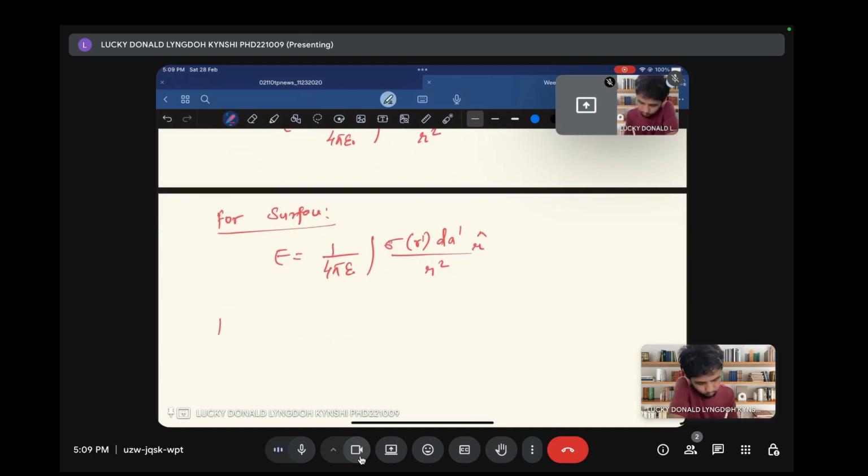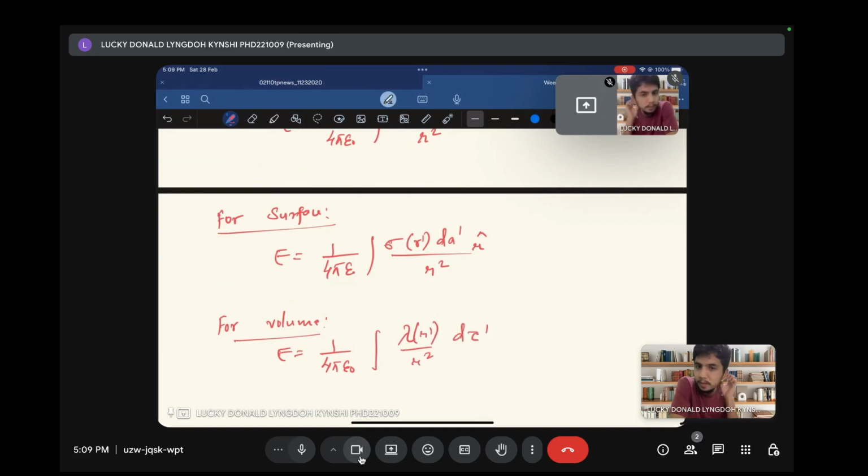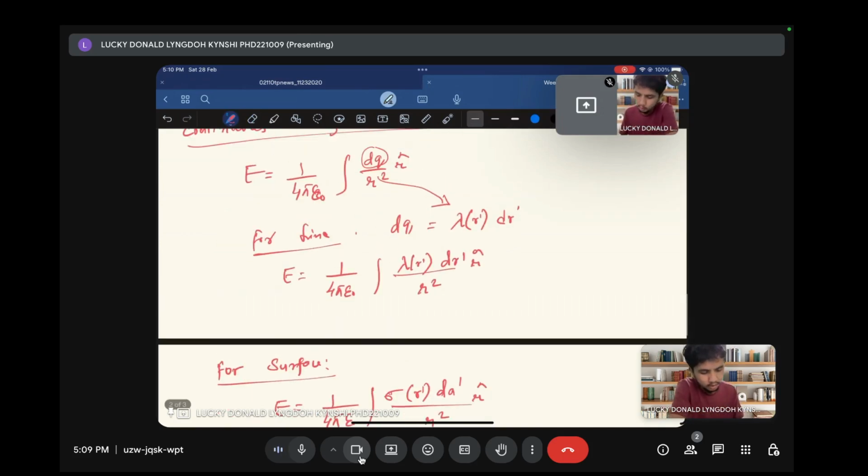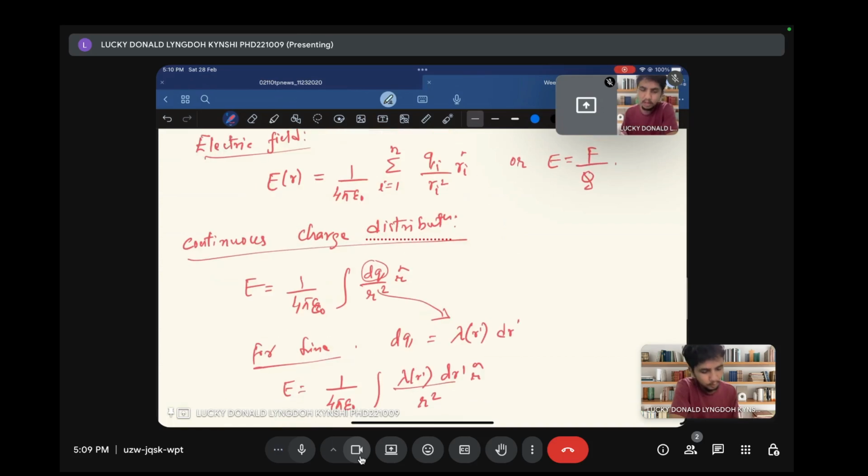Now if you talk about a volume, your electric field will be E is equal to 1 by 4 pi epsilon naught, integral of rho of r prime divided by r squared, d tau prime. Here it will not be lambda, it will be rho, which is the volume charge density, the charge per unit volume. If you integrate, you will get the total charge, and once you get the total charge, q by r squared will give you the electric field.